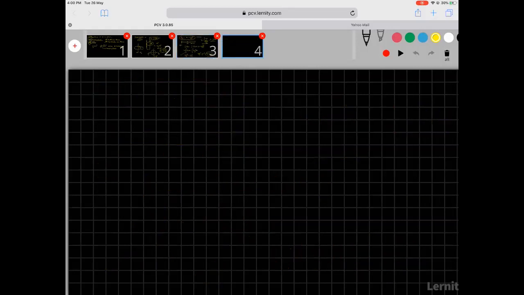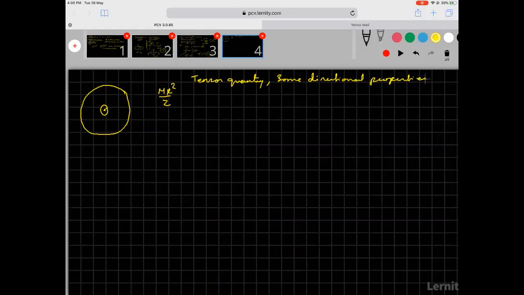Now for a disk it is mr squared by 2 about an axis perpendicular to the disk. Remember, moment of inertia is a tensor quantity. It has some directional properties. But it does not add like vectors.